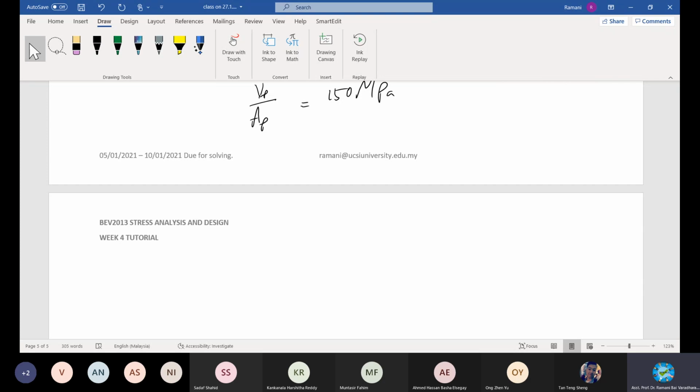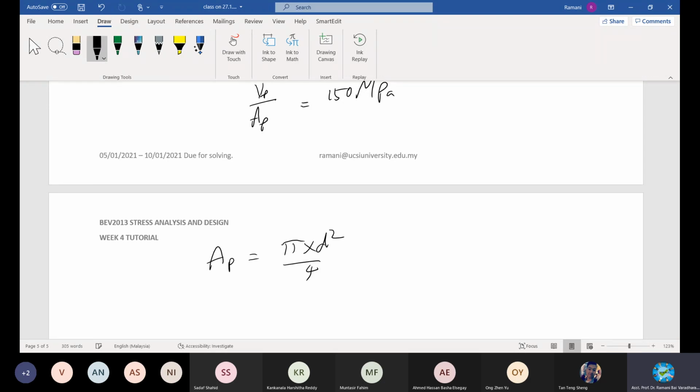Okay. So we need to find this loading, VP. Before that, I need to find the area because the material properties are given. I can find AP, the pin's area. What is the pin's area? Pi d square by 4, and the diameter is given, so I can conveniently find it.